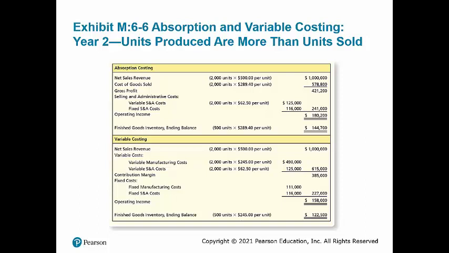Under absorption costing, $22,200, which is equal to 500 units of ending inventory times $44.40 per unit for fixed manufacturing overhead costs, remain in ending inventory and are therefore not expensed in this time period. The $22,200 difference results in the operating income being greater under absorption costing.